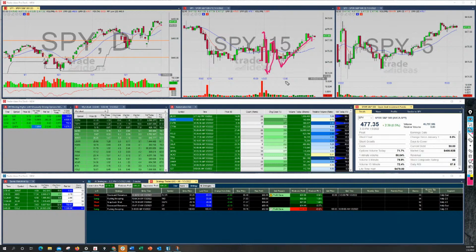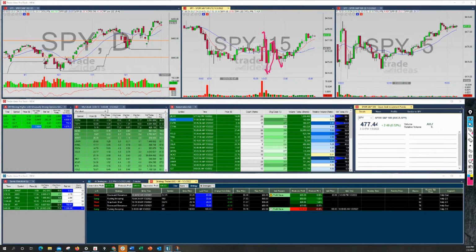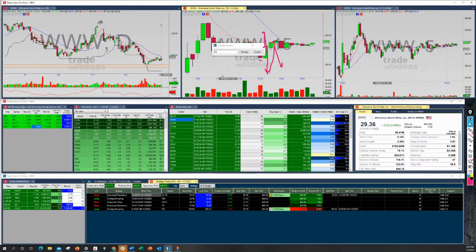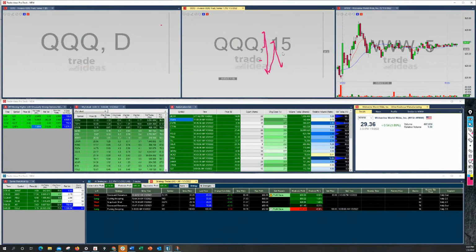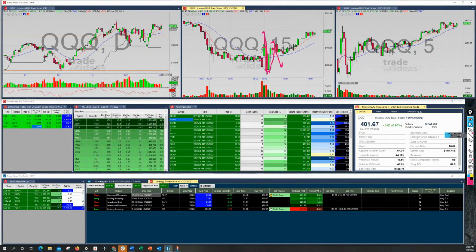So slop and chop, that's where we're at. I'd imagine that most of the indexes all look the same. Oops, that was not what I wanted. There we go. Perfect.